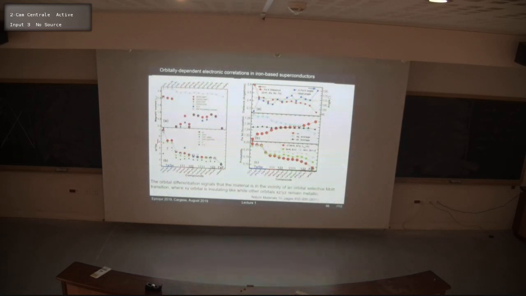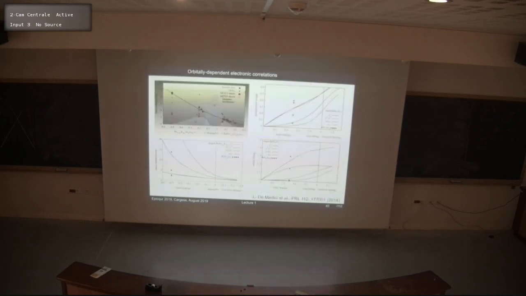Sometimes people refer to a Hund's metal, where some of the bands look more localized than others and have stronger correlations. And the same work tried to explain why this mass enhancement increases as we hole dope.